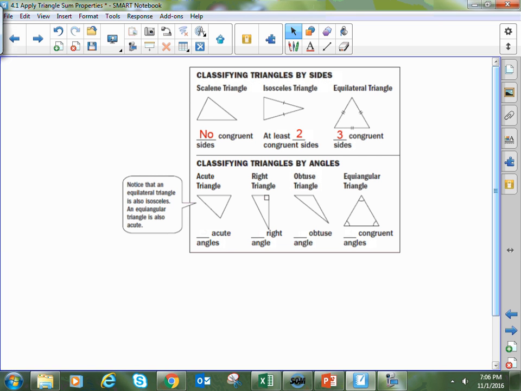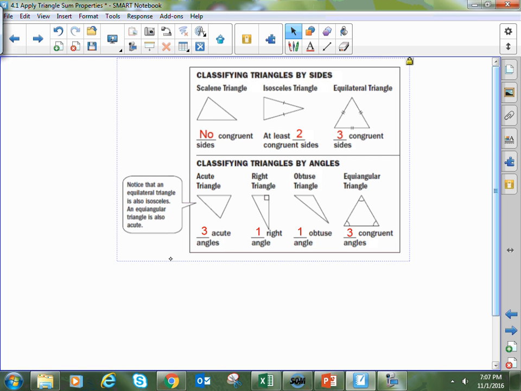Isosceles triangles have at least two sides that are the same, and equilateral triangles have three sides the same. Now it's worth mentioning that equilateral triangles are also considered isosceles because they do have at least two sides that are the same. It's like the idea that all squares are also rectangles, so all equilateral triangles are also isosceles.